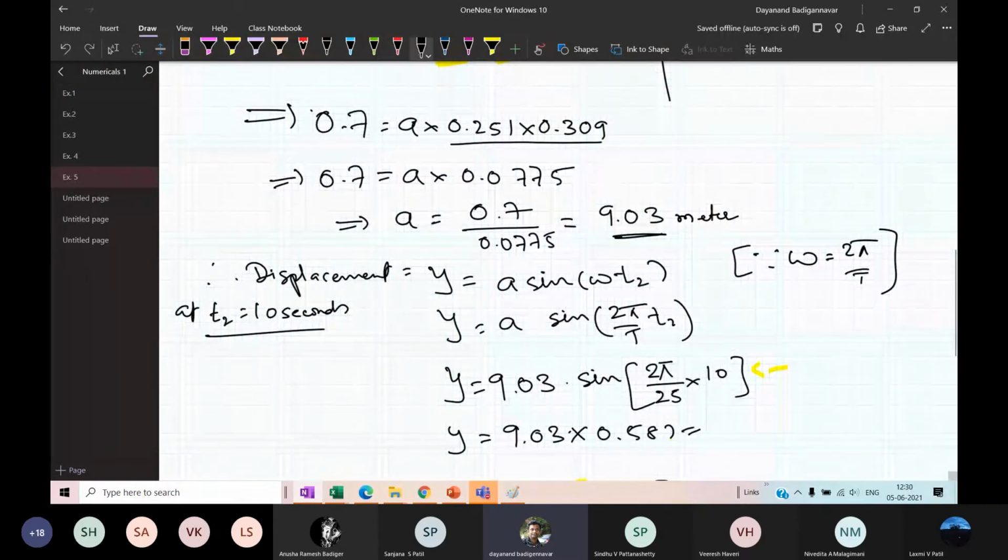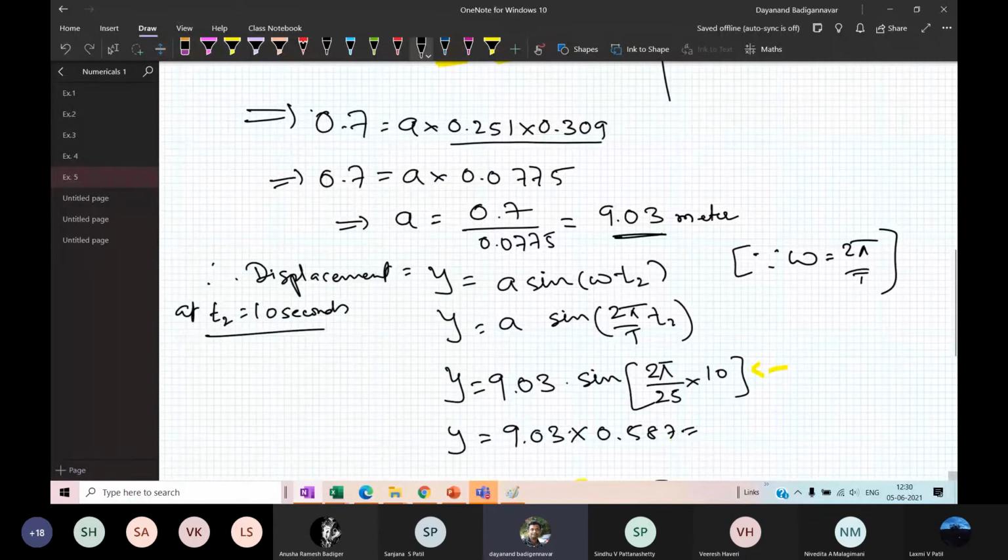So 0.587, what is the answer? 0.587 into 9.03 into 0.587. 5.3 is the answer. 5.3 meters. So this is the displacement at T2 equal to 10 seconds.